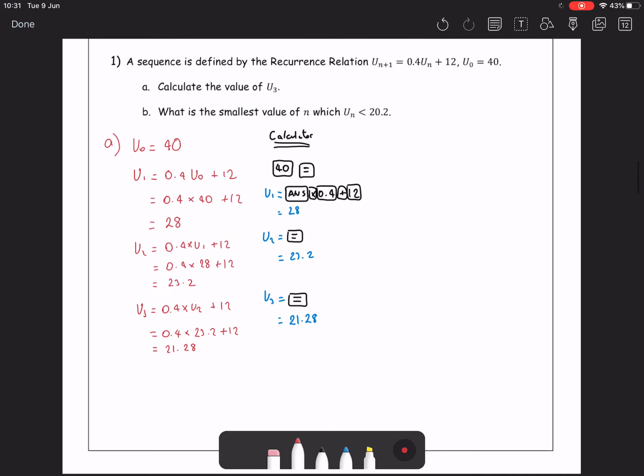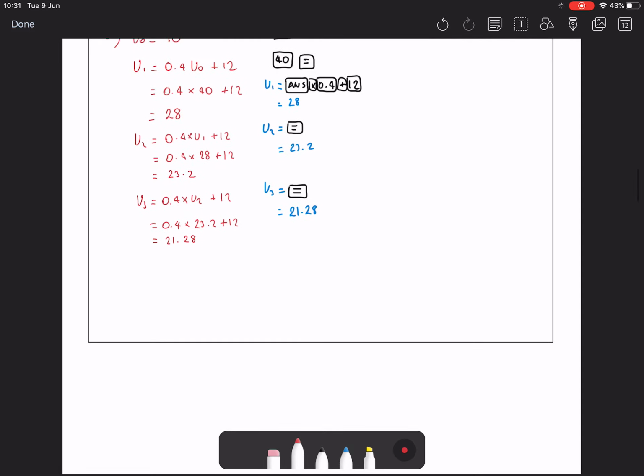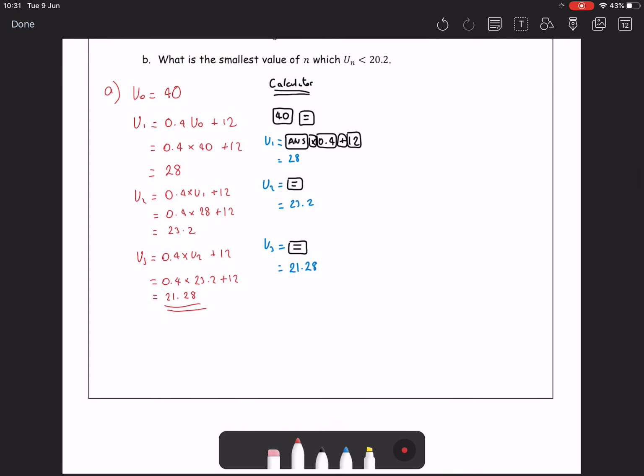So as it states, we'll calculate the value of u3. u3 is 21.28.